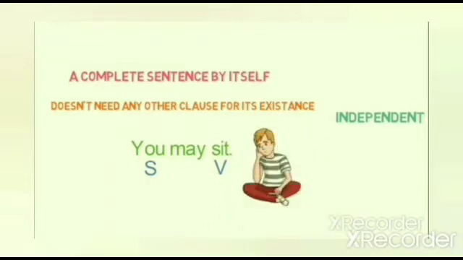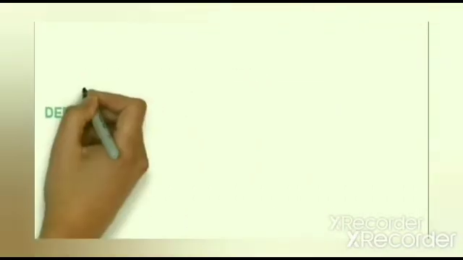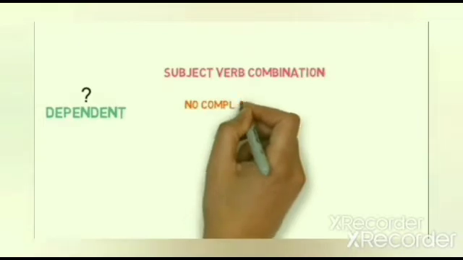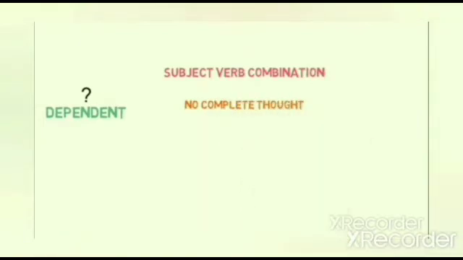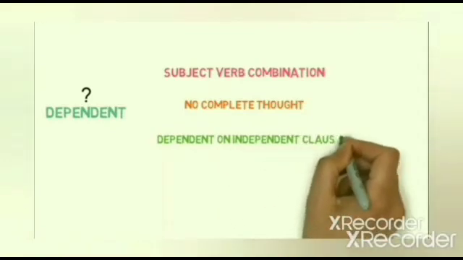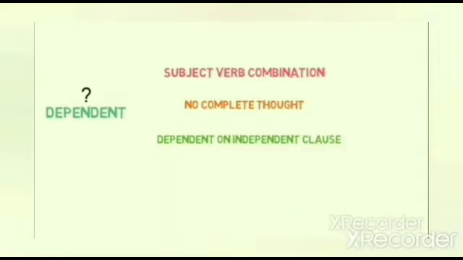Then, what is a dependent clause? It has a subject and verb, but it doesn't have a complete thought by itself, and is dependent on an independent or main clause for a complete thought. For example, wherever you like.